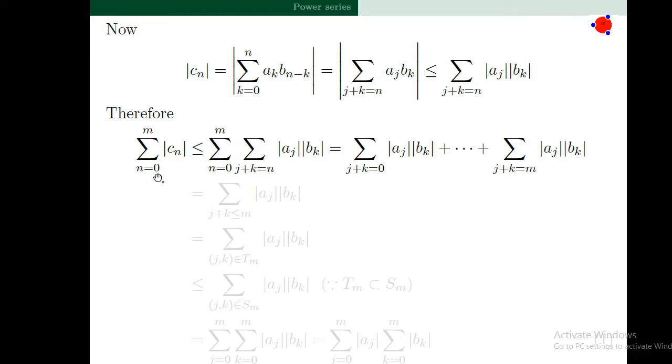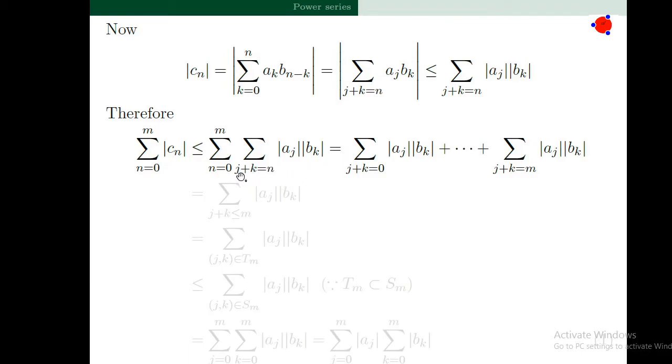Therefore, summation n is equal to 0 to m of modulus of Cn, and this is the (m plus 1)th partial sum of the series sigma mod Cn, is less than or equal to summation n is equal to 0 to m of summation mod aj bk.